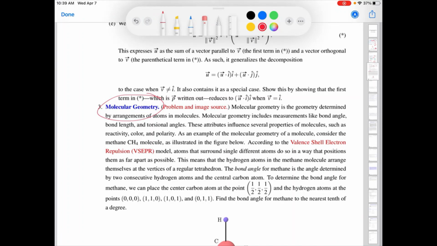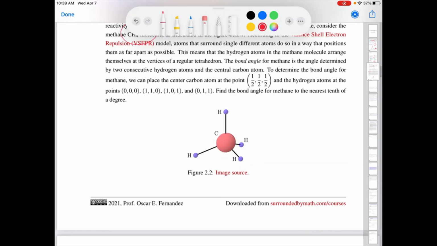Here's a really nice one where you can find what's called the bond angle of the methane molecule, CH4. So this is really cool. So here's a methane molecule, and if you construct vectors connecting the carbon atom to the hydrogen atoms, and then you ask what is the angle between two consecutive hydrogen atoms and the central carbon atom, you can calculate this using dot products.